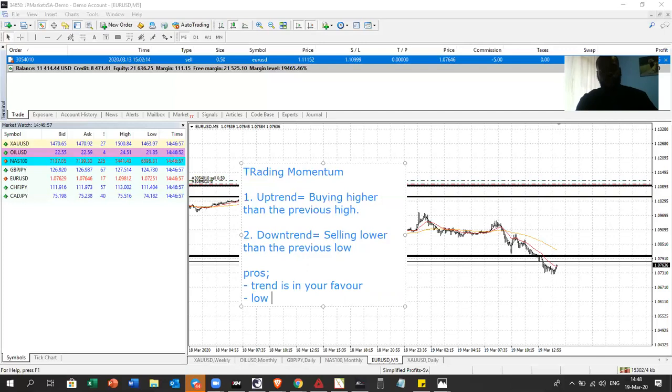So another thing is low risk to reward, right? This allows your stop distance to not need to be very wide, like I showed in the examples that I was doing. Your entry goes on one side of the line, the support or resistance line, and your stop goes on the other side.